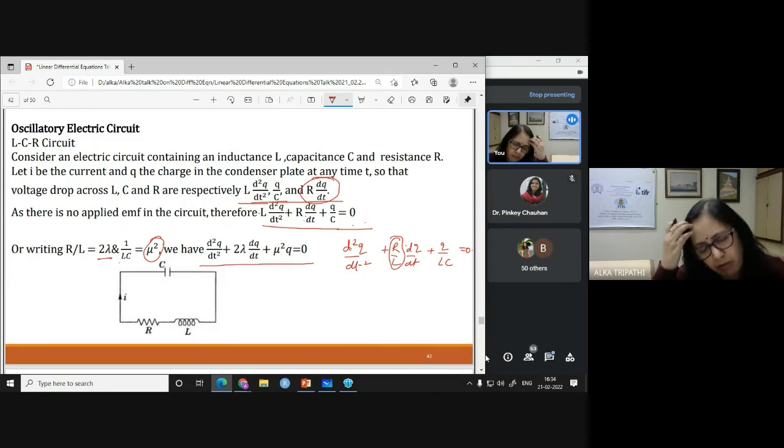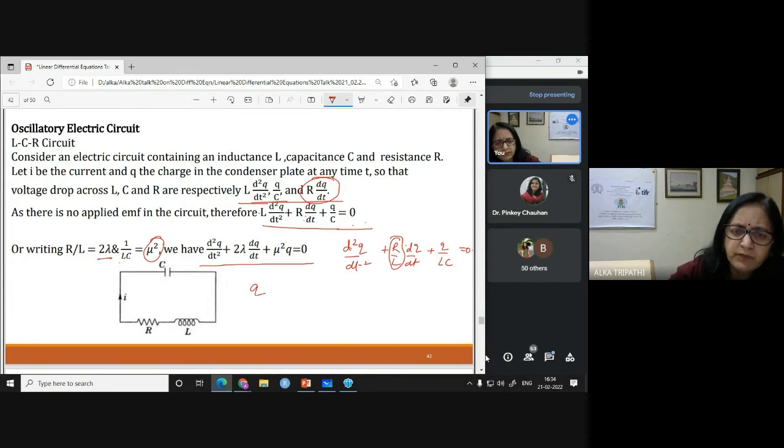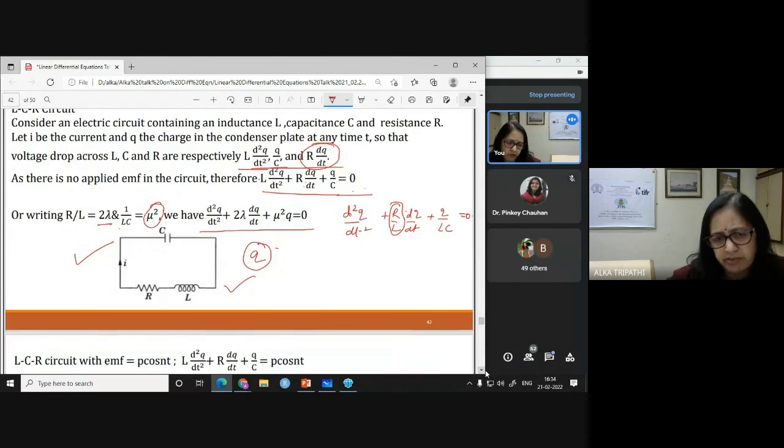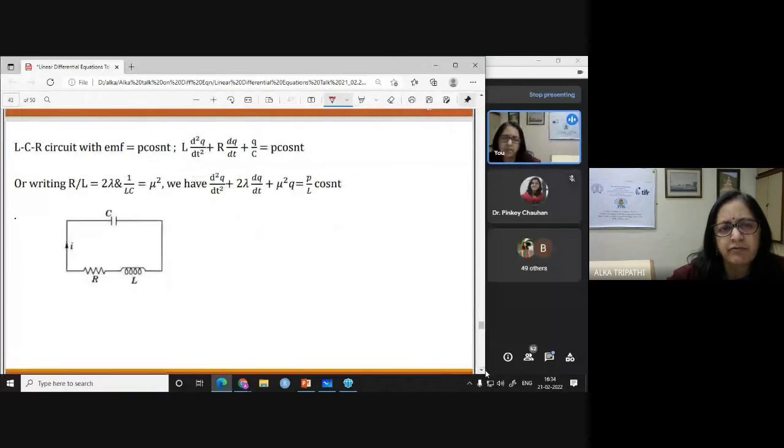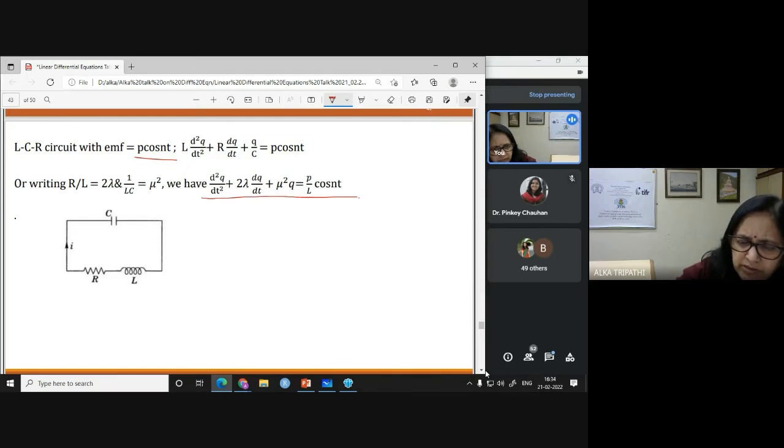Now you can see that this is nothing but a homogeneous equation with constant coefficients. You can solve it very easily and you will get the value of q, that is, the charge at time t. If in this system we add a voltage or EMF P cos nt, then the right-hand side will be this and I will have this equation.